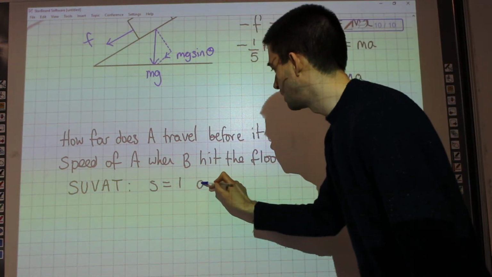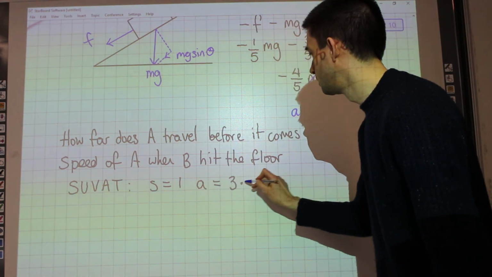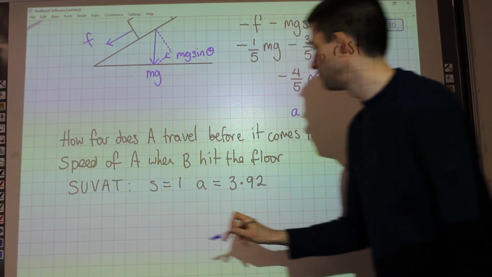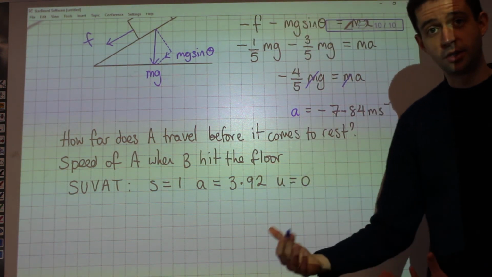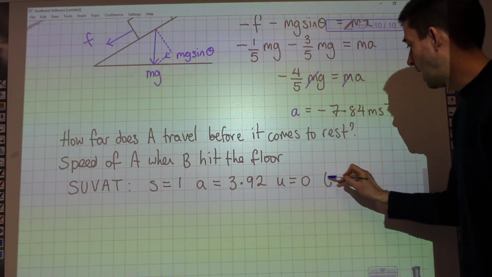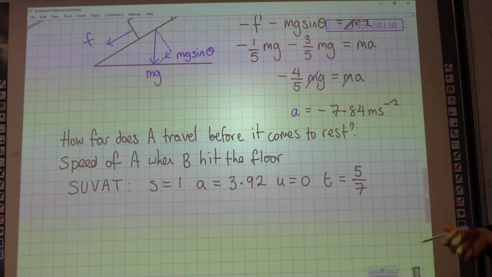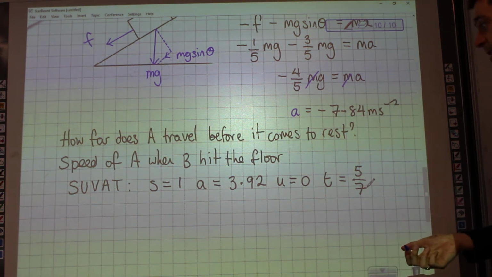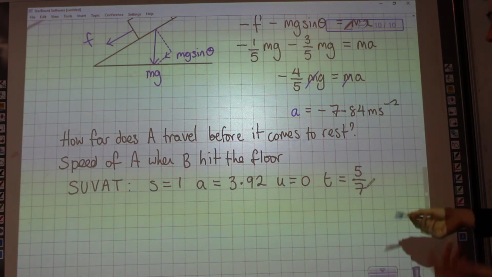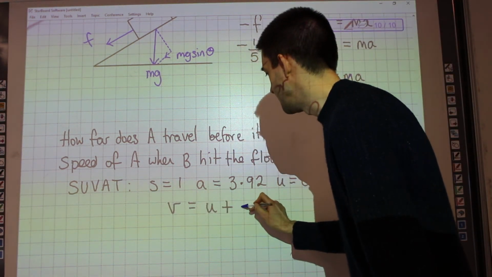We know that the acceleration during that stage of the motion was 3.92. We know that the initial speed was 0 because the system started at rest. And we know, because we calculated in part B, that it took 5/7 of a second for B to hit the floor. What that means is that I can use v equals u plus at.